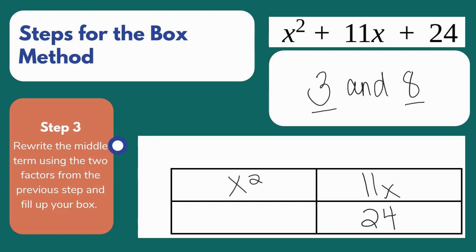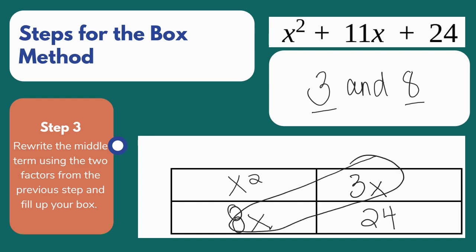So instead of having 11x, we will erase 11x and rewrite 11x as 3x and 8x, because if I combined these like terms, that would get me back to 11x. So I haven't changed 11x in this problem at all. I've just represented 11x in a different way, as 3x and 8x.